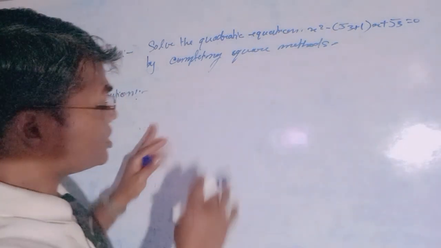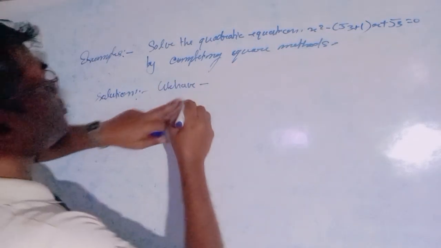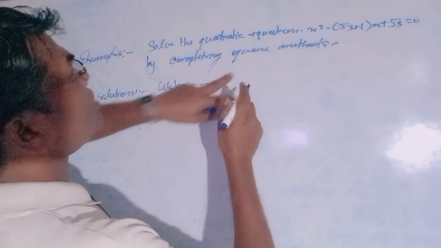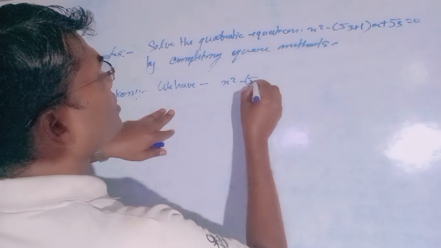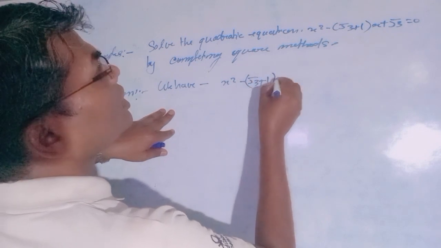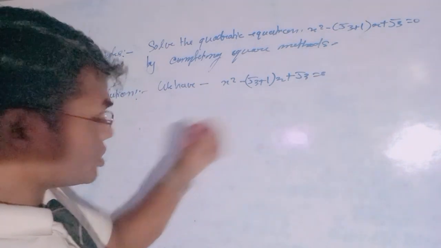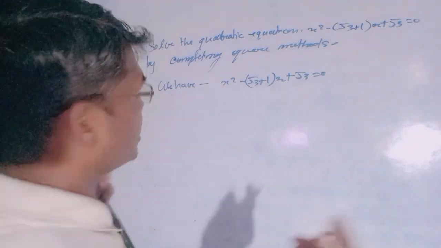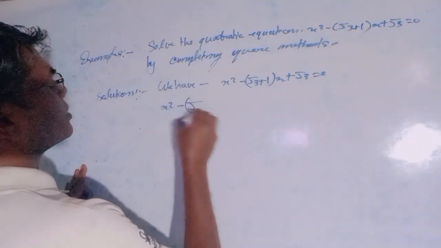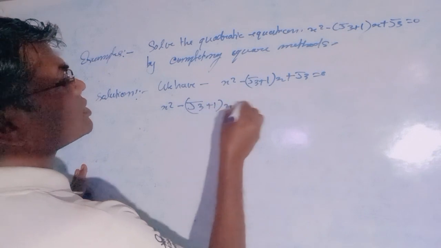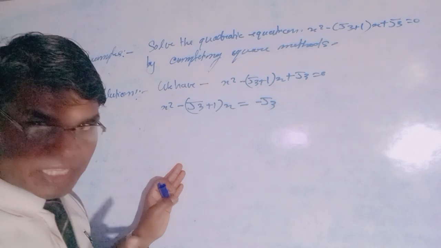We have the equation x square minus (root 3 plus 1) into x plus root 3 is equal to 0. So transpose the constant term, the c value, to the right side. So x square minus (root 3 plus 1) into x is equal to minus root 3. These steps we have done.